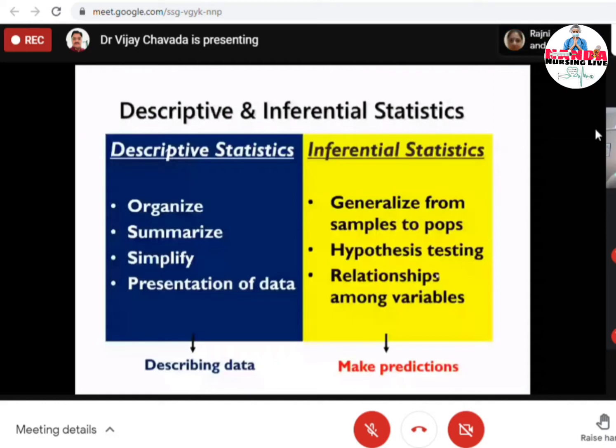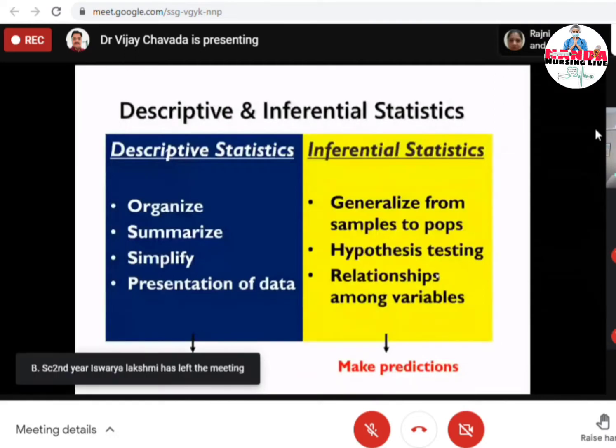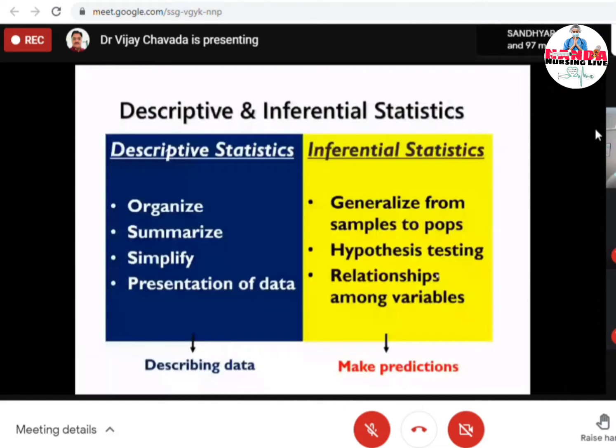We go ahead testing our hypothesis. When we do any type of analytical research, we compare two populations, two samples, two groups, and this comparison happens on various variables.